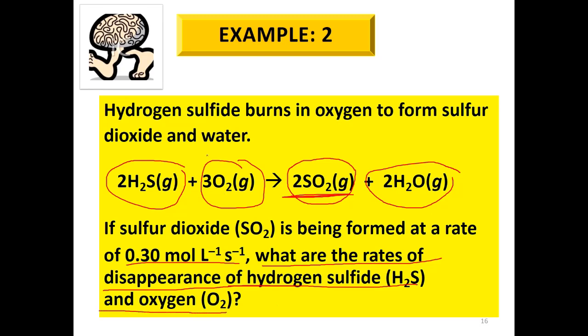First step, you have to write the rate equation for this reaction.